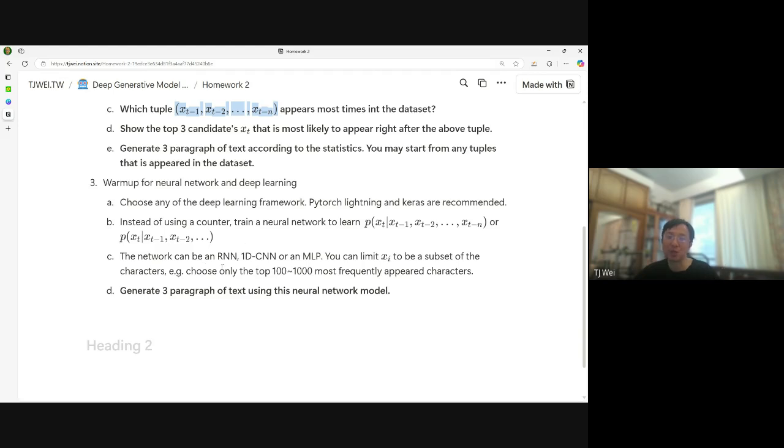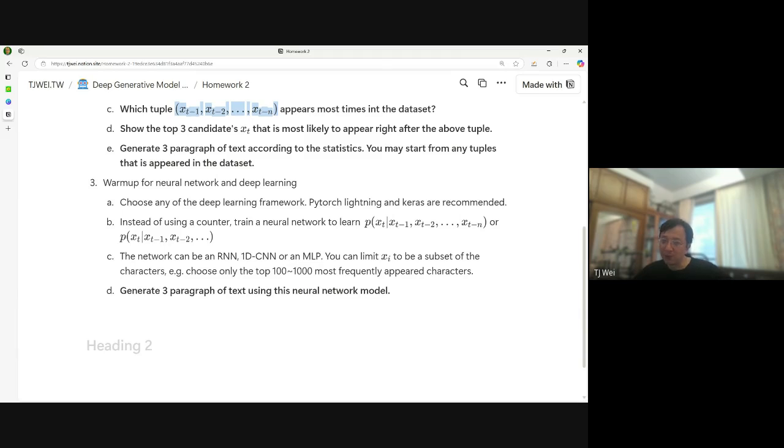If you don't know which one to use, you can use GRU because this is more suitable for this homework. I personally like using a one-dimensional CNN because it is much faster. But still, I would suggest using GRU.